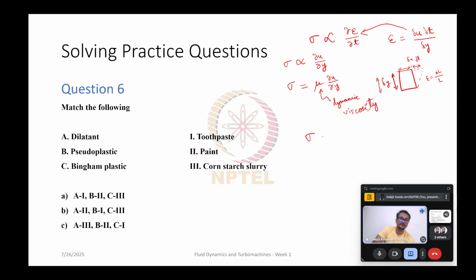There could be other kinds of fluids, in which case sigma is proportional to this strain rate to the power of some index n. Like this is to the power 1, but it could be 2, 3.8, things like that. So if n is equal to 1, we call them Newtonian. If it's not equal to 1, then it's non-Newtonian.